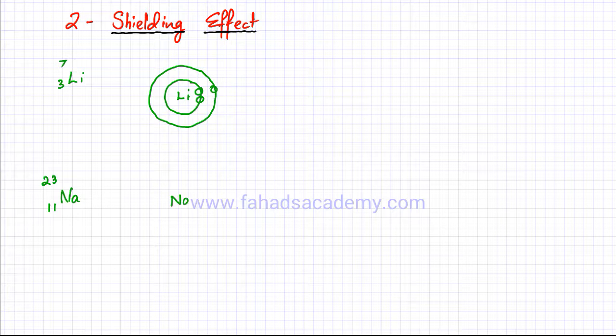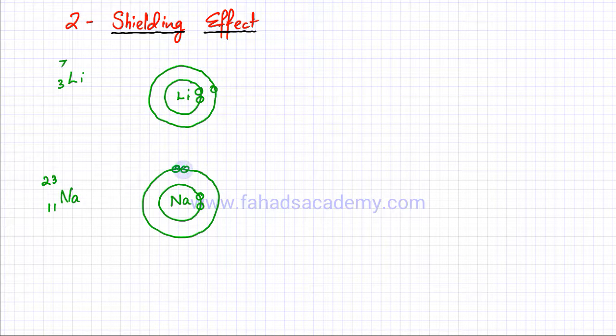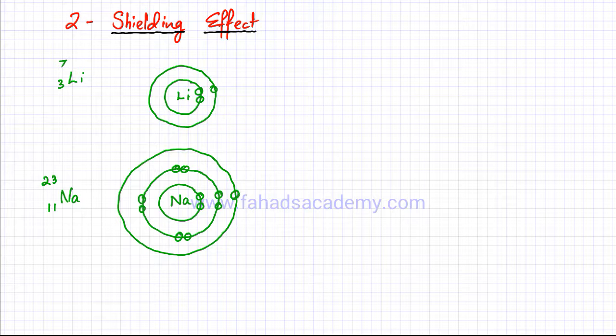It's going to be a sodium nucleus in the center, and there would be 2 electrons in the first shell, 8 electrons in sodium's second shell, and there's just 1 electron in sodium's last shell.